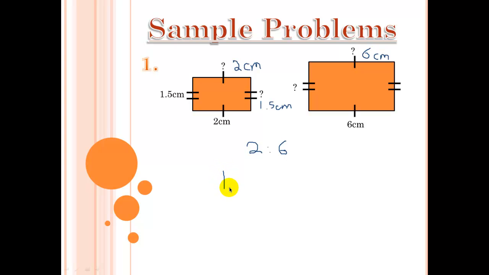So 1.5 times 3 equals 4.5, and that would be the answer to this side length, 4.5 centimeters. And since these two side lengths are parallel, this side length would also equal 4.5 centimeters.